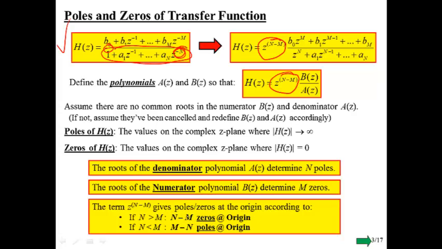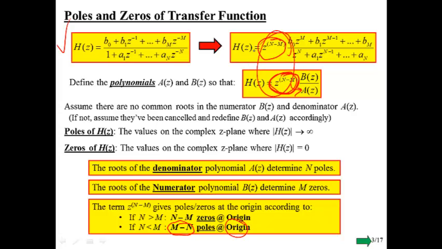But if n is less than m, then we'll end up with this term being effectively a z to a negative power, so we can pull that down into the denominator as a positive power, and then we have a bunch of roots of the denominator at the origin, and those will give us m minus n poles at the origin.